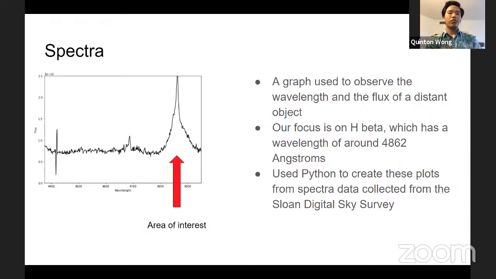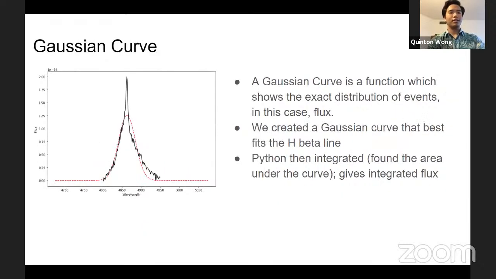For those of you who are not familiar with it, it's a survey that collects spectra data from millions of objects, like the spectra data we've used today. So this is the spectrograph that I created from my object LC272. Okay, next slide, please.